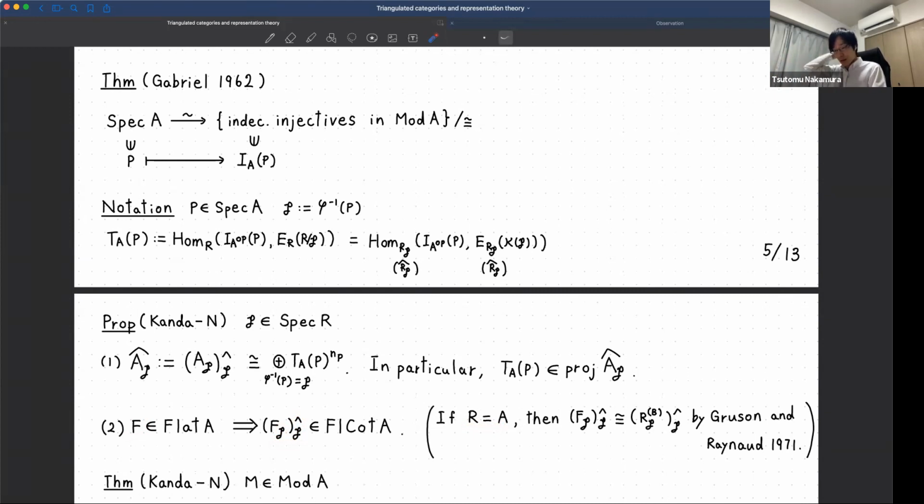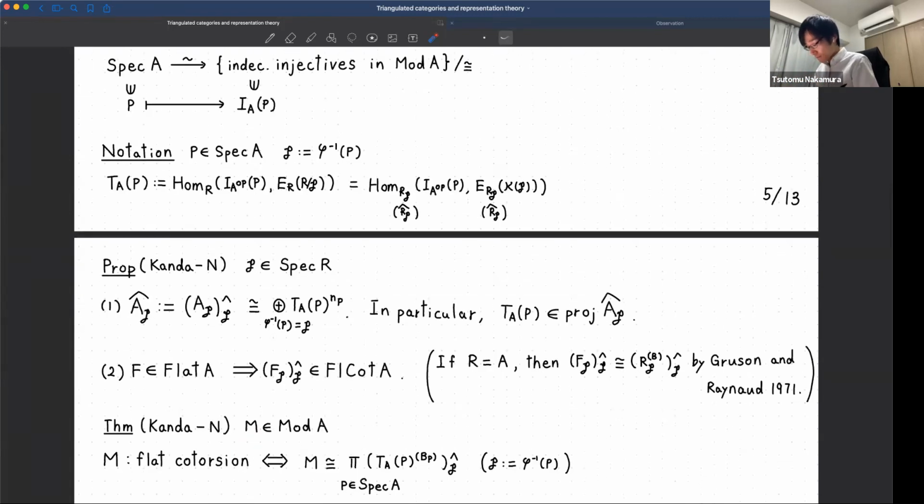This is a classical fact. And I realized that this fact's implication is not so obvious, especially when we treat non-commutative Noetherian algebras. So I'd like to emphasize this implication holds true also in the non-commutative setup.